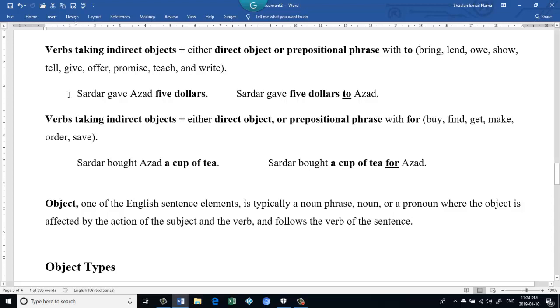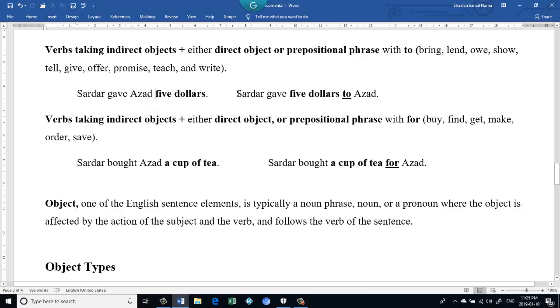For example, here if we look at it, Sardar gave Azad $5. We say indirect object because we have another object here. Azad is the first object, then $5 is the second object. Then we say indirect object.